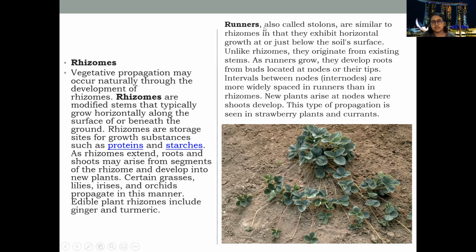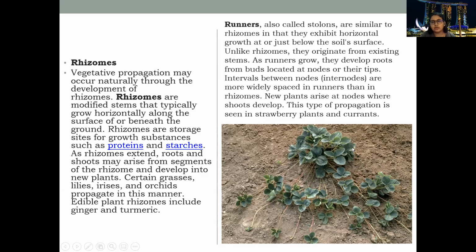Then we will learn about runners. Runners are also called stolons, very important. They are very similar to rhizomes in that they exhibit horizontal growth. This is the runner. You can see they are exhibiting horizontal growth at or below the soil surface, either over the surface or below the surface. And unlike rhizomes, they originate from existing stems.